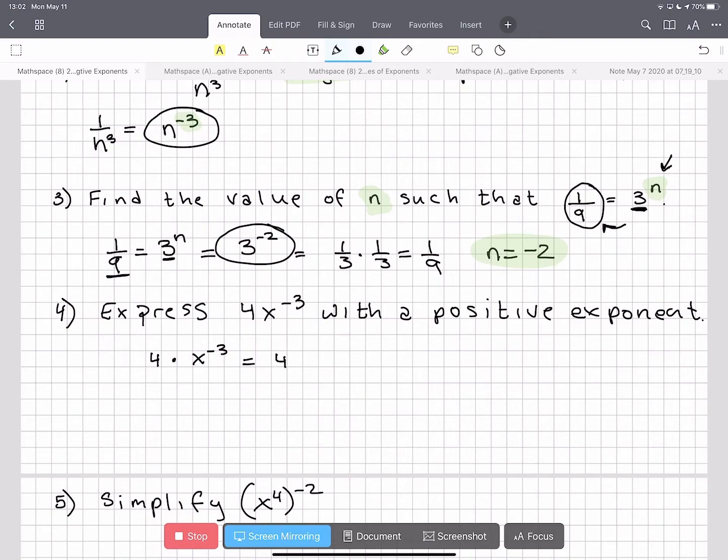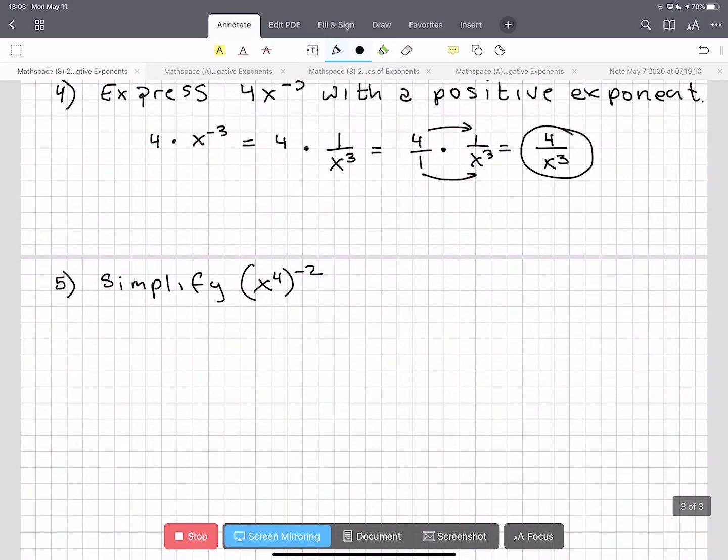And we can simplify the x to the negative third. We know how to write that as an exponent with a positive power now. That's a reciprocal, and it's 1 over x to the third. And then we can just multiply the 4 and the 1 over x to the third together. So 4 over 1 times 1 over x to the third. Numerator times numerator, 4 times 1 is 4. Denominator times denominator, 1 times x to the third is x to the third. And that would be the final answer.